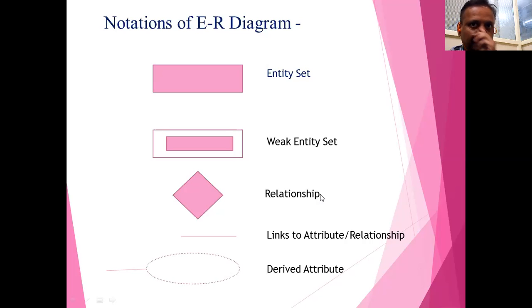Then this is a line, that links an entity and an attribute, or a relationship and an entity. What is a derived attribute? There is a dotted ellipse. This is a derived attribute.